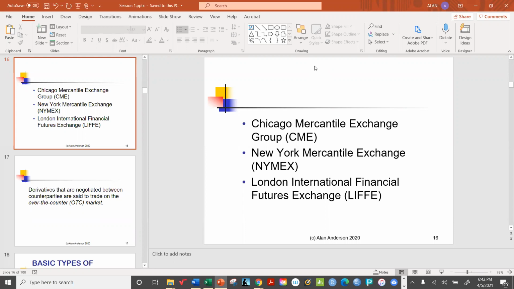It's readily available. You can go to any one of them. They're all dealers in this market, and you can customize it to anything you want as long as you can find somebody who will sell you that product. They're okay with that because they will charge you a price that makes sure that they earn a profit from you. But if you're in the type of business where it depends on the Dow and the Swiss franc, you want to have the ability to enter into one of these contracts.